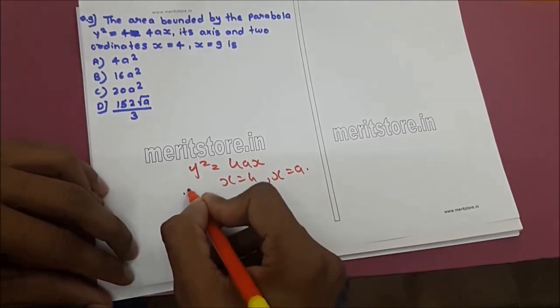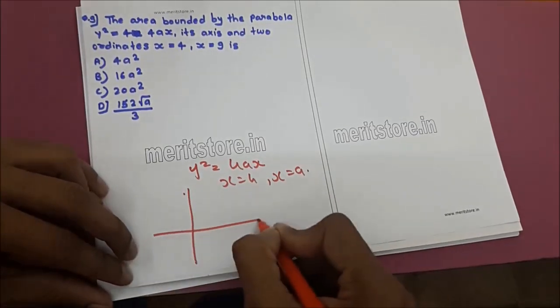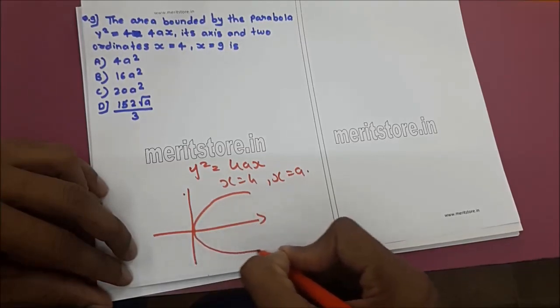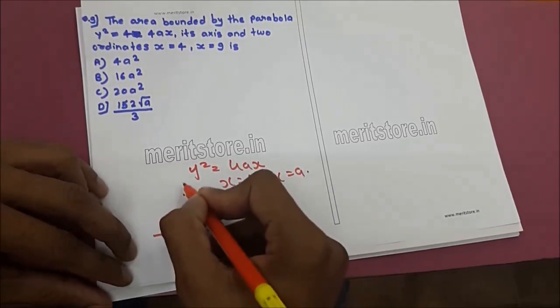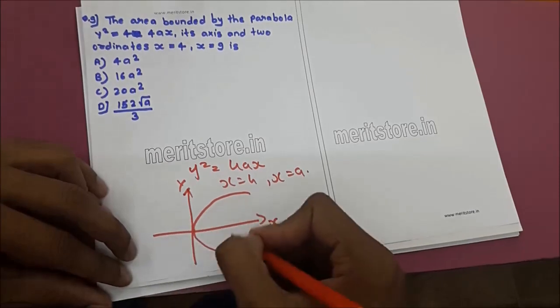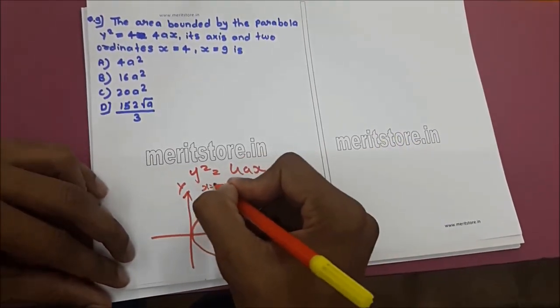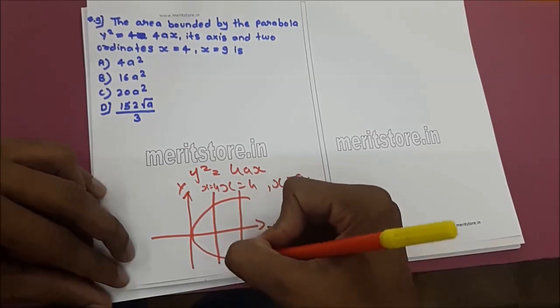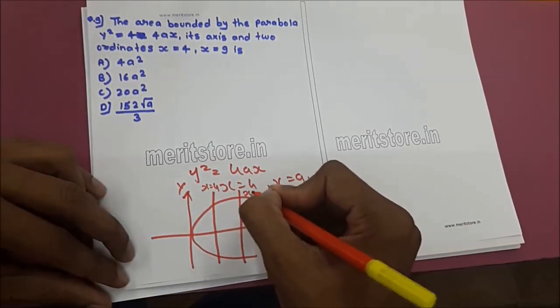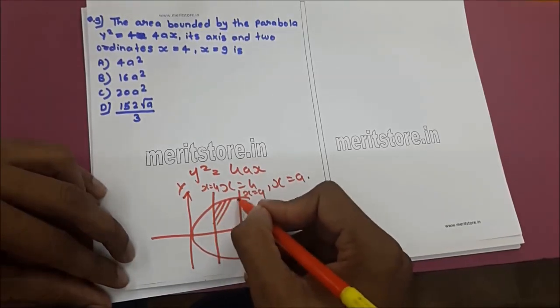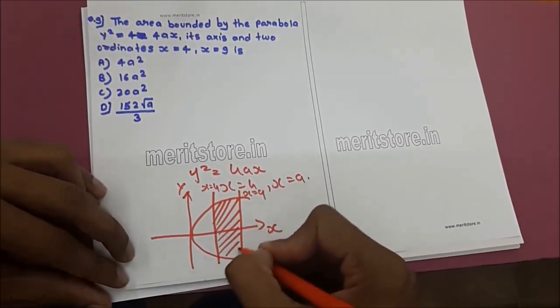So the parabolic curve will be through x and y. So the limits are x is equal to 4 and x is equal to 9. So the shaded portion which we need to find is this, the limits between x is equal to 4 and x is equal to 9.